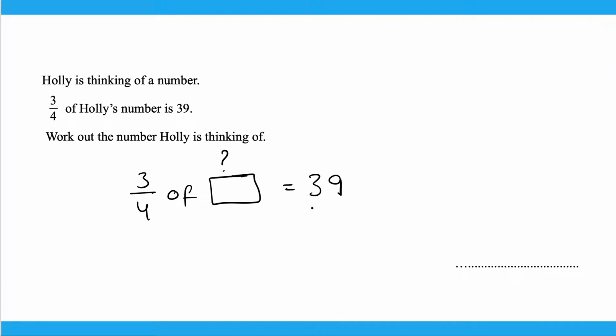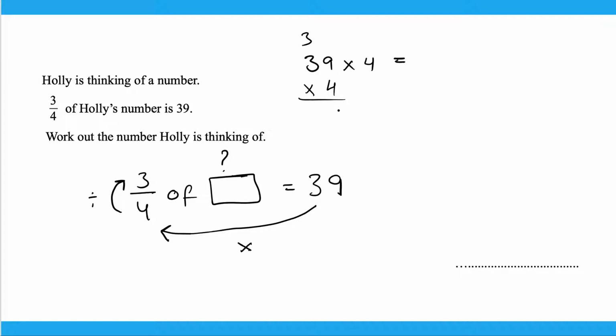So we would do 39 multiplied by the denominator and then divide by the numerator. Firstly, 39 multiplied by 4. If this was a non-calculator paper you would need to know how to work that out. 3 times 4 is 12, add 3 which is 15, so you get 156.